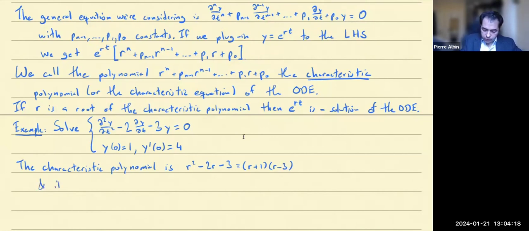So its roots are r equal to minus 1 and r equal to 3, right? So because those are roots of the characteristic polynomial, we know that e to the minus t and e to the 3t are solutions. Let's say solve the equation.